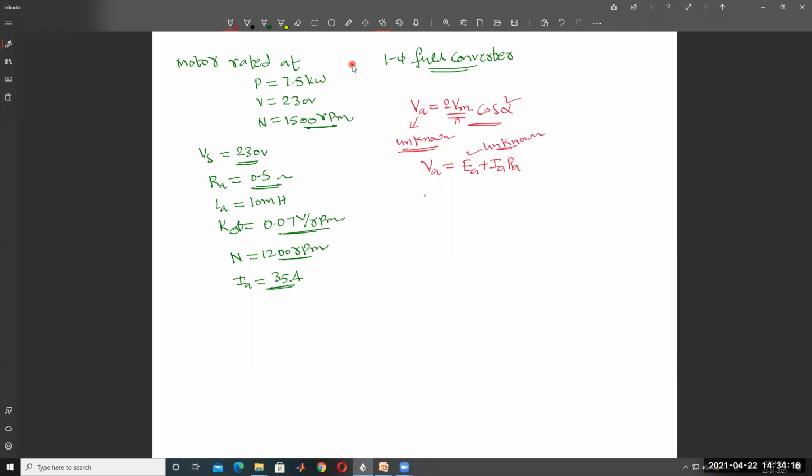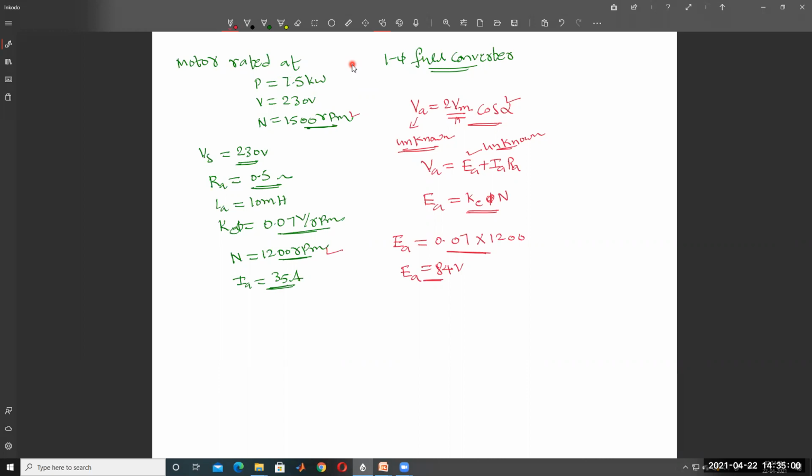EA is equal to K phi into N, so EA is Ke, 0.07, times the speed of the motor, 1200 RPM. Don't take 1500 RPM, because that is the maximum rated speed of the motor. The motor runs at 1200 RPM, so EA is equal to 84 volts.